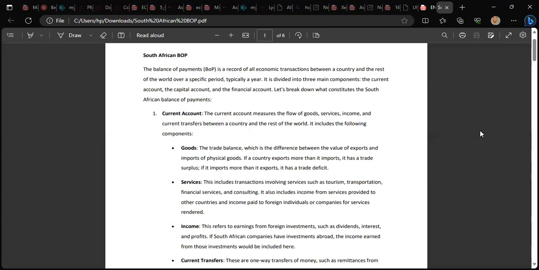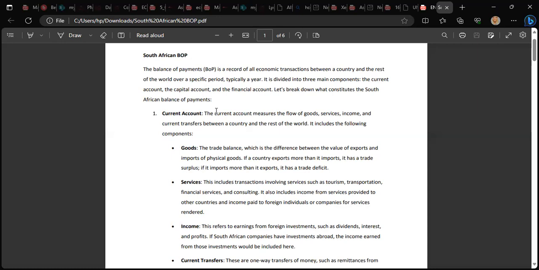It is recorded in what we call the balance of payments, which is what we are dealing with today. These are the transactions between a country and the rest of the world over a specific period, which is typically a year. That is your definition of the balance of payments.